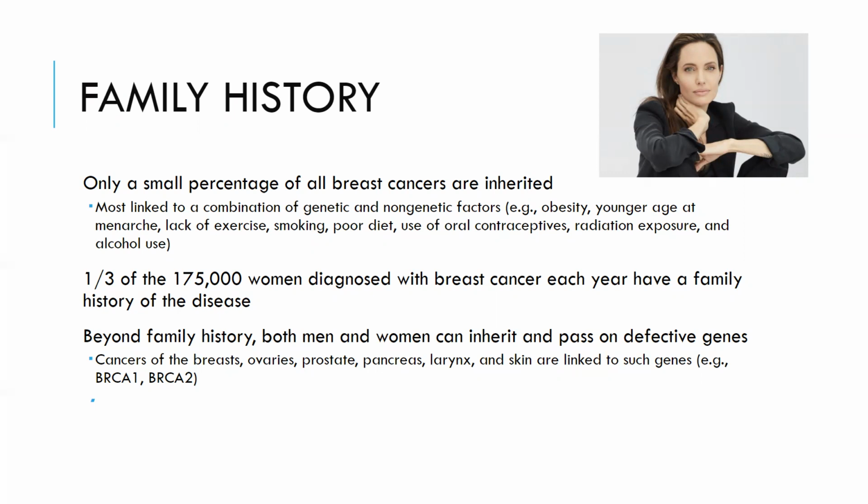BRCA stands for breast cancer, so breast cancer 1, breast cancer 2 genes. Something that's important to realize about inheriting cancer genes, or for that matter, inheriting any type of gene, whether it's an obesity gene or a cancer gene, is that this person isn't inheriting a new gene that other people don't have. Rather, what they're inheriting is a genetic mutation.